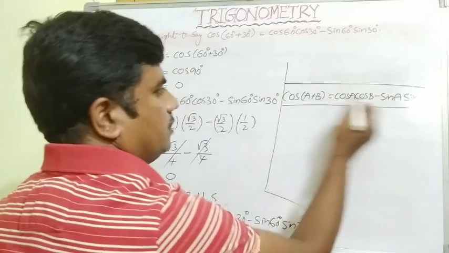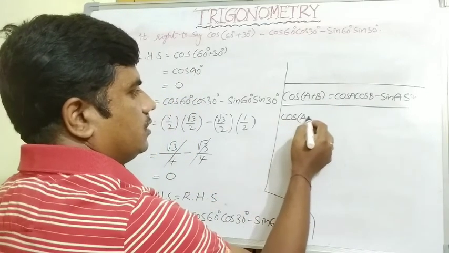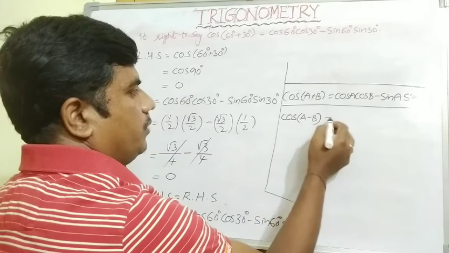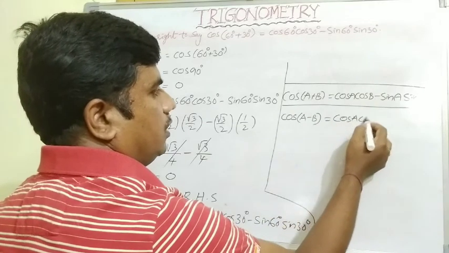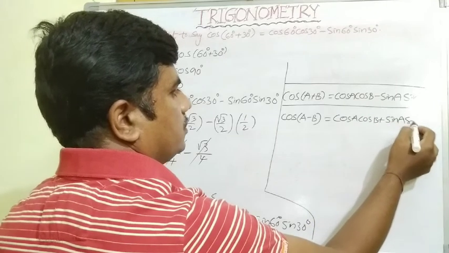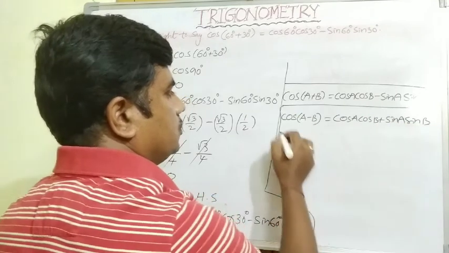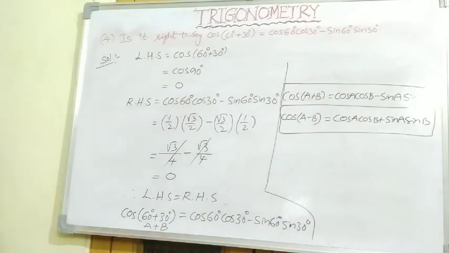Here, with plus in the middle, we get minus. One more formula is cos(A minus B): when the middle is minus, we get plus, so cos A cos B plus sin A sin B. This is also one formula in the trigonometry chapter.